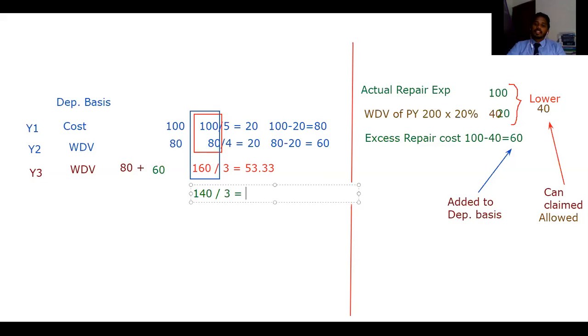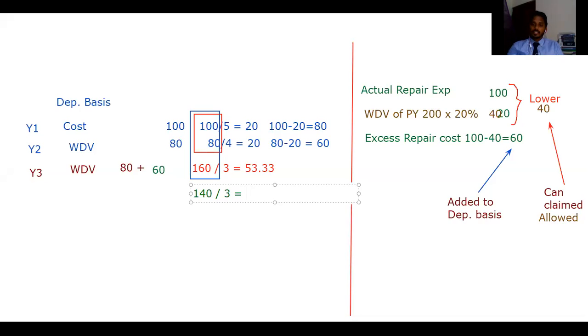Normally, practically, this adjustment cannot be done, because practically, if a company, let's assume a big company, they categorize assets, repair, let's say machinery, furniture and fitting. Likewise, they categorize class of asset, and in order to do this adjustment, they need to identify exactly on which asset they have made the repair expenses.